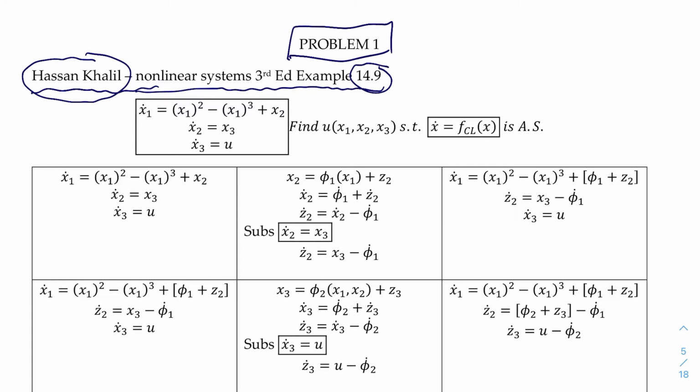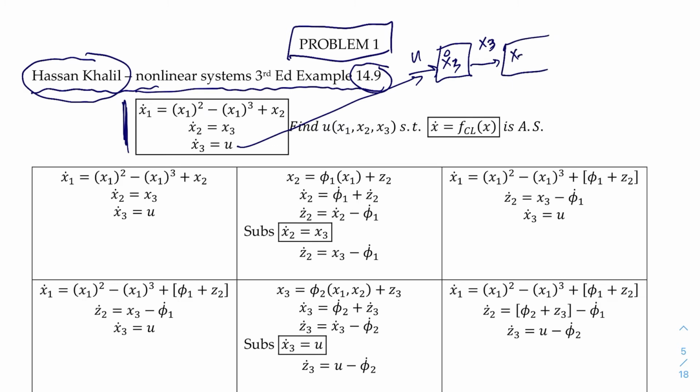Okay, this is the problem here. The states are x1, x2, and x3. The problem is to find u such that the closed loop is asymptotically stable. But let's look at this: u is x3 dot, and the output of that is x3.